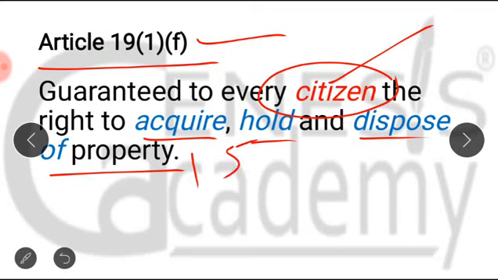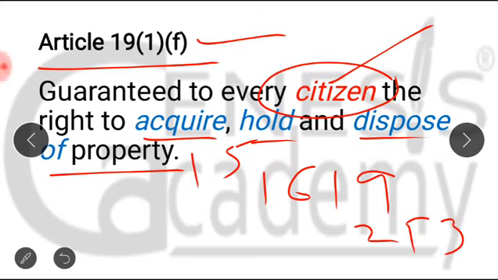Article 15, Article 16, Article 19, Article 29 and Article 30 are the 5 articles under which the fundamental rights are guaranteed to citizens only. So Article 19, Clause 1, Subclause F is guaranteed only to the citizens of India, that they have the right to acquire, hold and dispose of property.